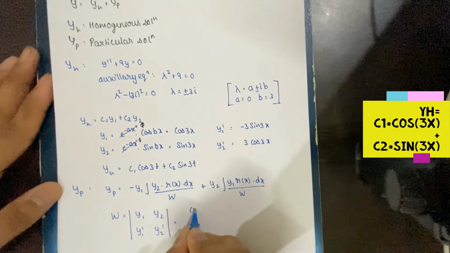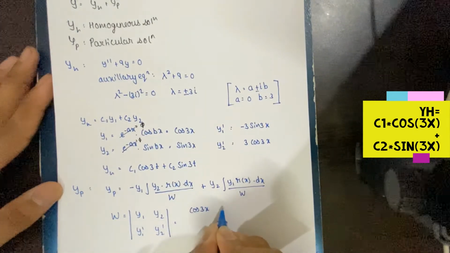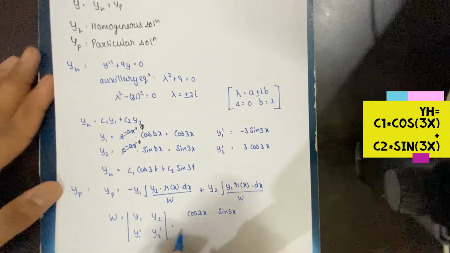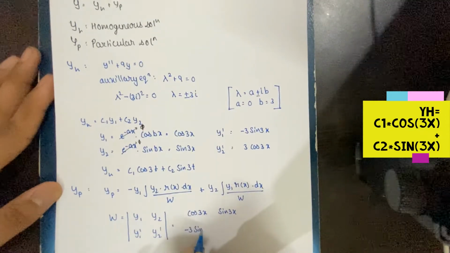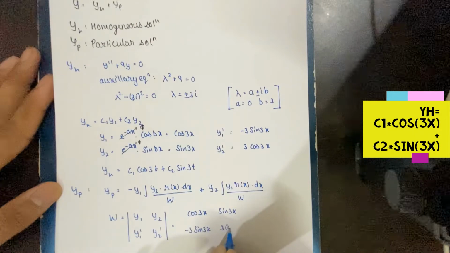We have cos 3x, sin 3x, minus 3 sin 3x, 3 cos 3x.